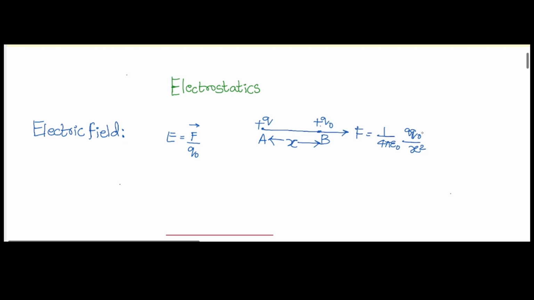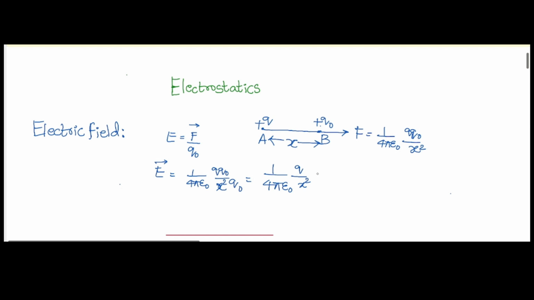Now let's substitute here. E is equal to 1 by 4 pi epsilon naught Q into Q naught by R square into Q naught. So we are having 1 by 4 pi epsilon naught Q by x square.